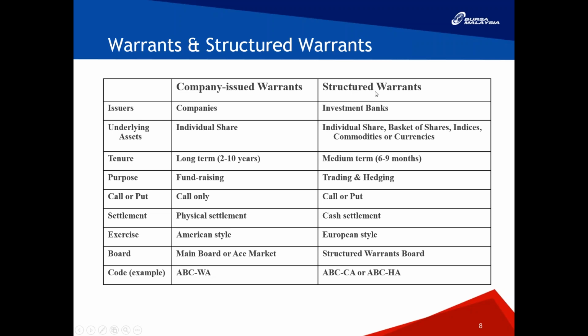Now, the other type would be the structured warrants, and they're issued by investment banks. Currently, there are 6 licensed investment banks that can issue structured warrants in Malaysia. Kenanga Investment Bank is one of them. And the underlying assets would be individual shares, baskets of shares, indices, commodities, and currencies.